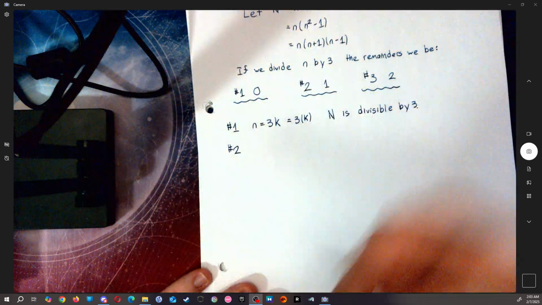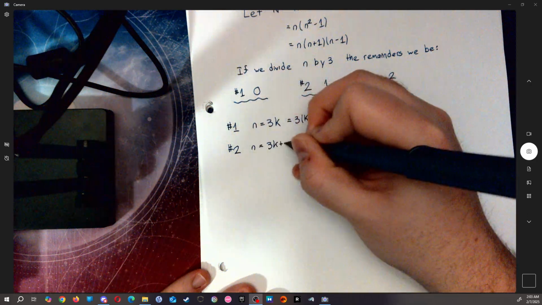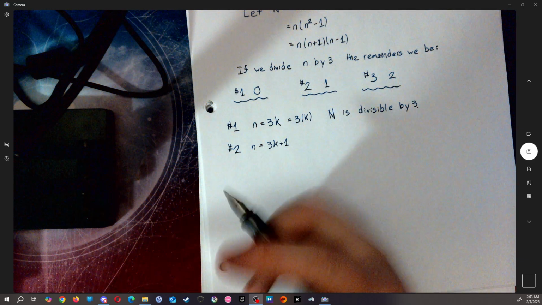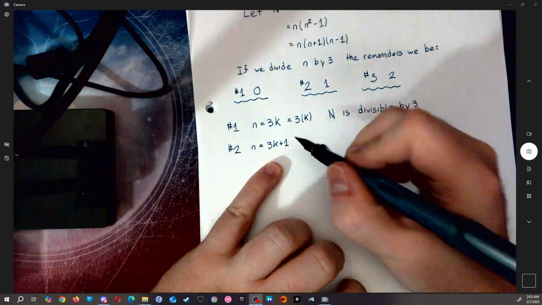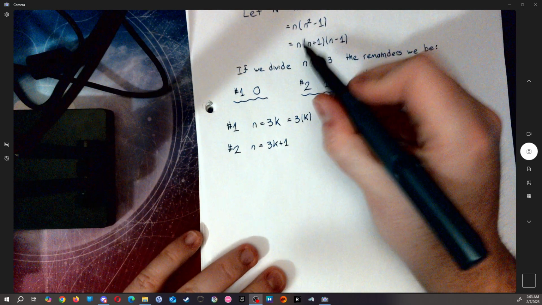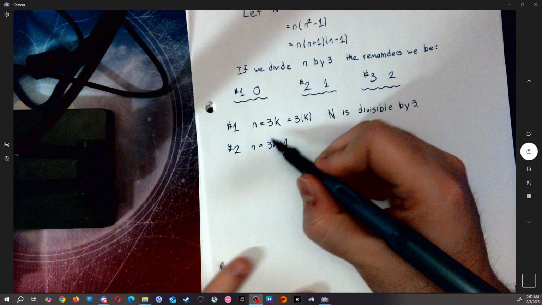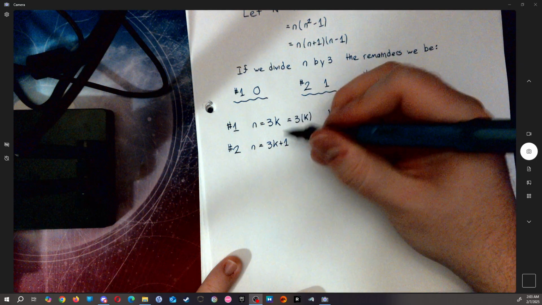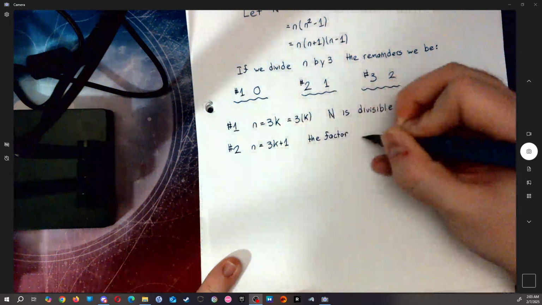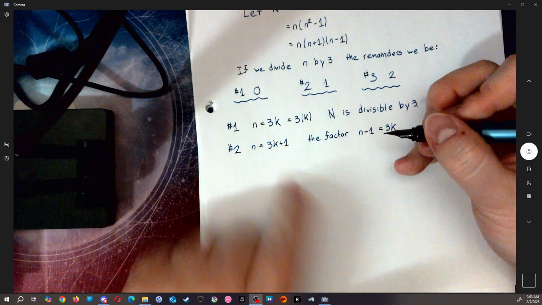Easiest one. Scenario number 2 is where n is equal to 3k plus 1, because if I divide it and I have a remainder of 1, this is what it's going to look like. Now, what does this mean? If for the first scenario, this was perfectly divisible by 3, then here, when I'm adding 1, that means that the factor n minus 1 is equal to 3k, because the minus and plus 1 will cancel each other out.